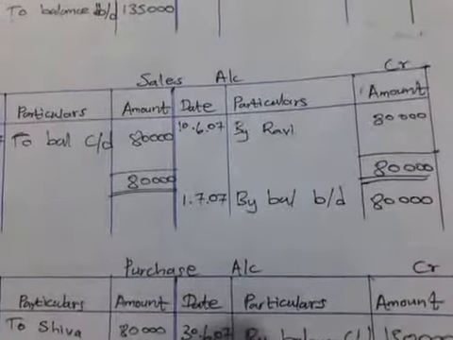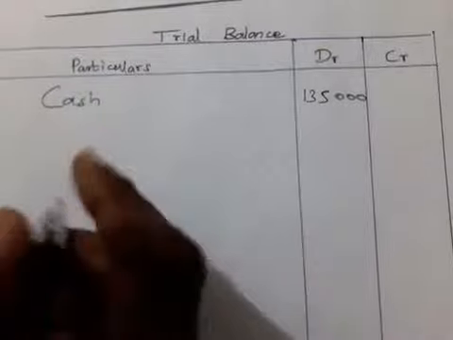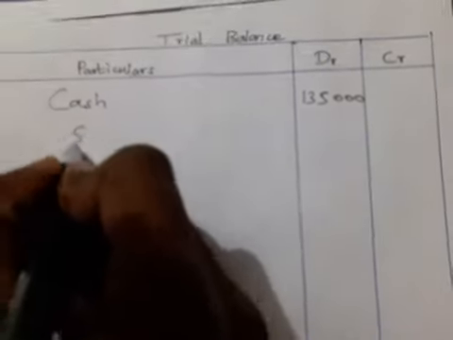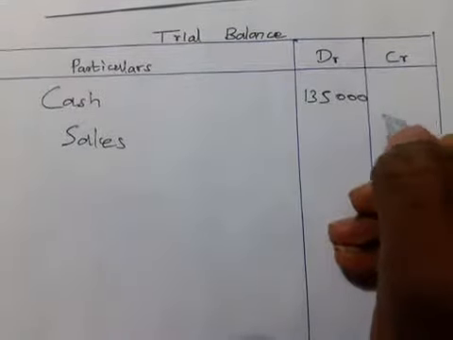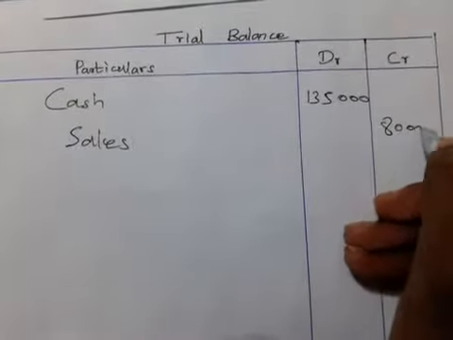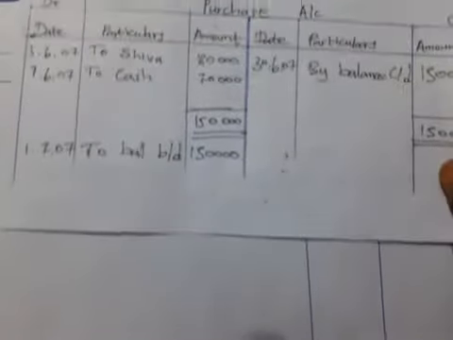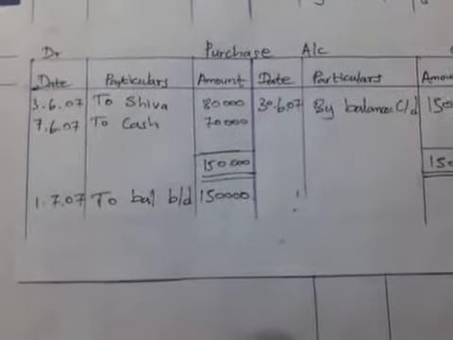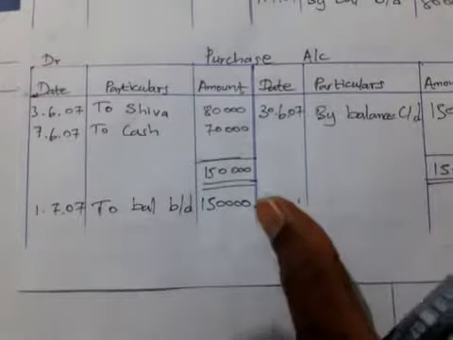We have to record it on the credit side of the trial balance, in the credit column. So we'll record sales, 80,000. In the same way we have to record the purchase account also, 1,50,000 debit balance.